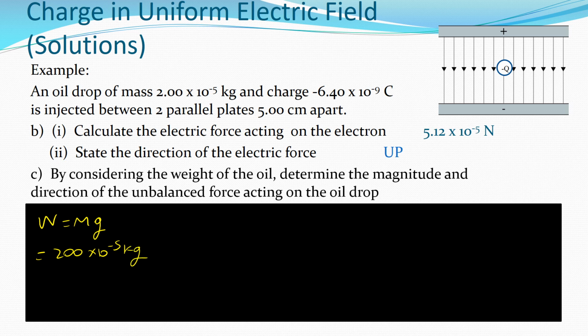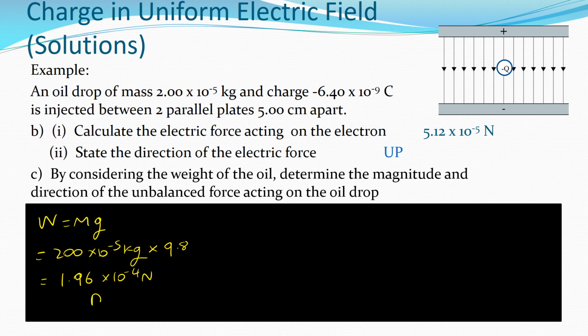And we're also told the value of the gravitational field strength. It is contained within the data sheet, the front of the paper. We should know it's 9.8, giving us a value of our weight to be 1.96 times 10 to the negative 4 newtons.